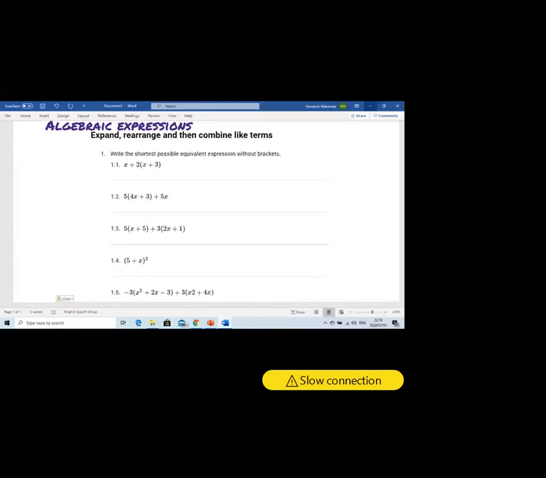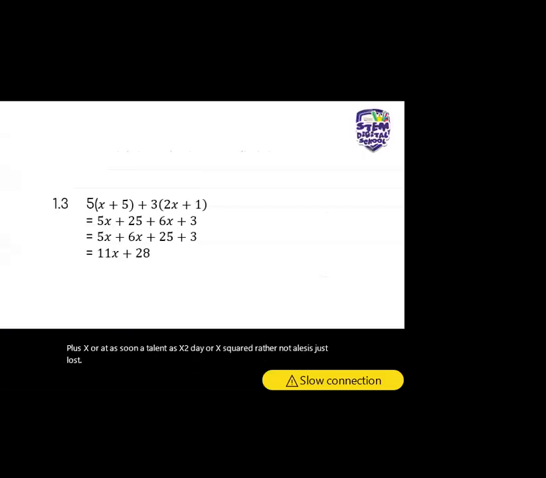Right, Tinashe Ngube says x to the power of 2 plus 10x plus 25. Tinashe, and then you are followed by Natalie, who has 10 plus x squared there. Natalie says she's lost. It's not a train smash, Natalie.